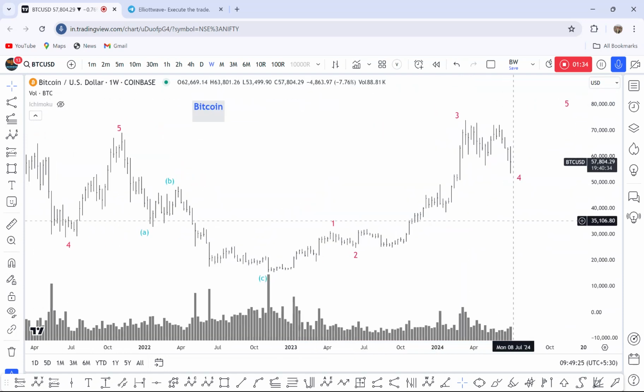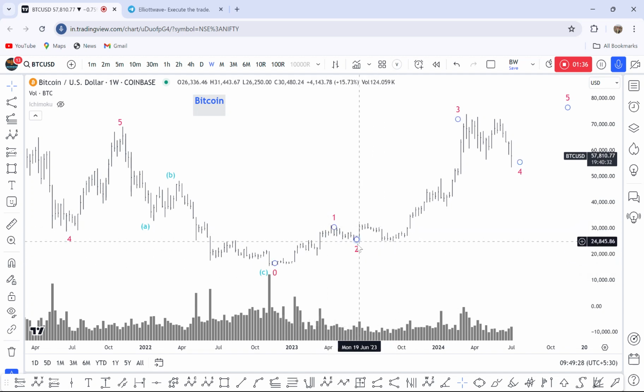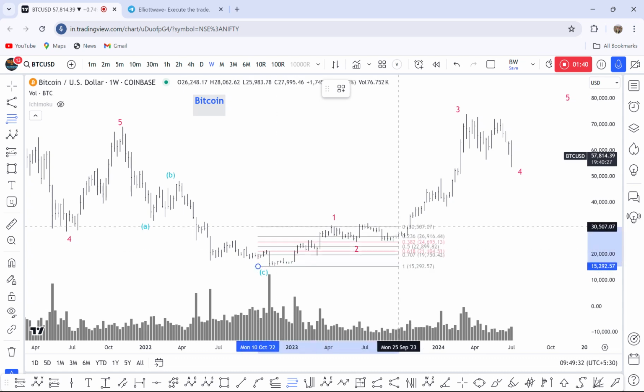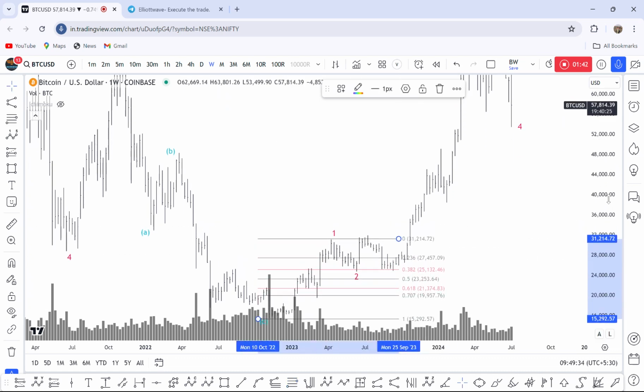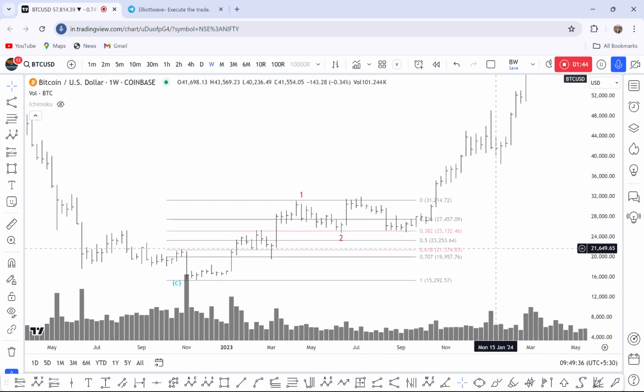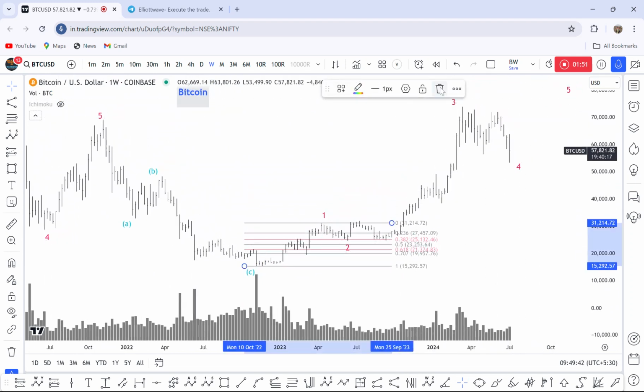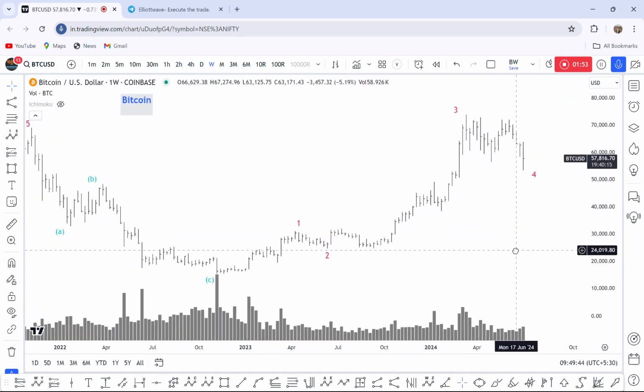So this is the shallow correction. Second wave is shallow. Check, only 38.2 percent. So the fourth wave may dip as per the alternation rules.